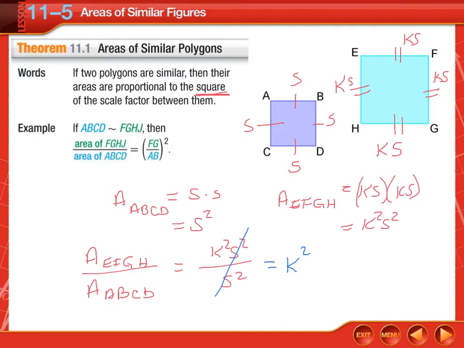It's easy to see this relationship looking at squares, but this will apply to any polygon. You can look at a trapezoid or a triangle or a rectangle. All similar polygons, regardless of the number of sides, are going to have the same ratio, where the ratios of their areas are going to equal the square of the scale factor.